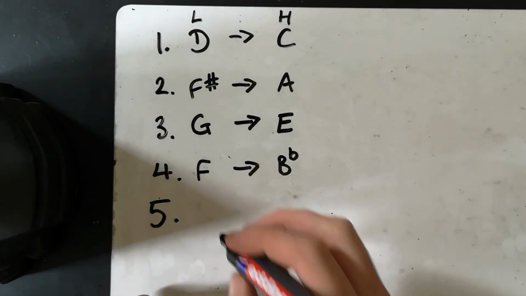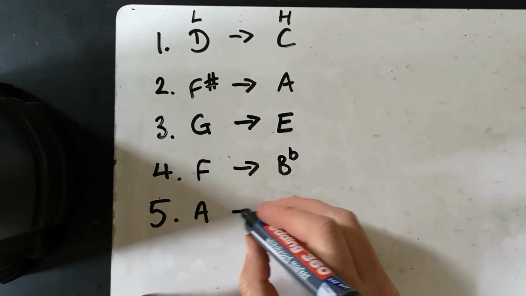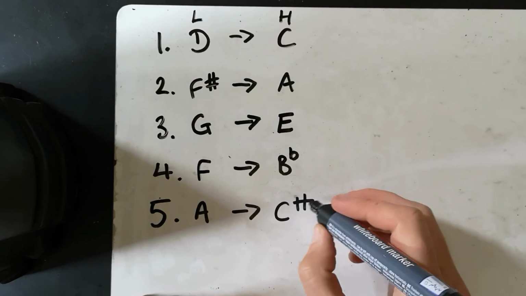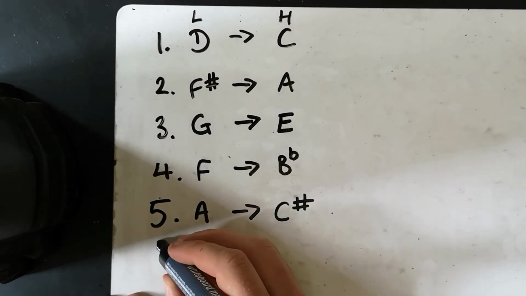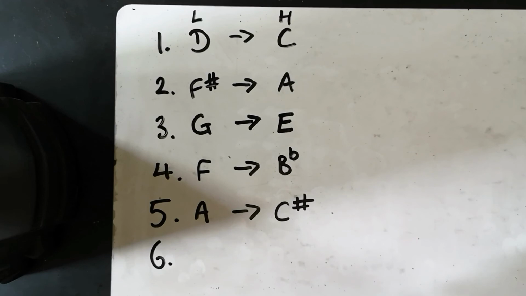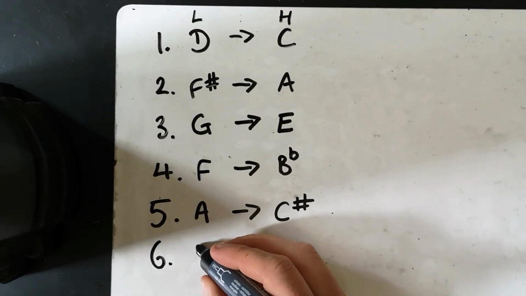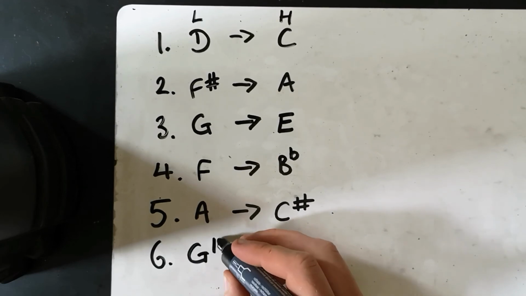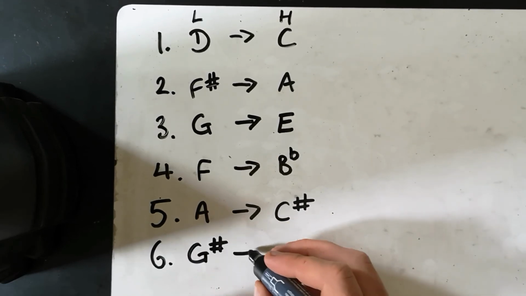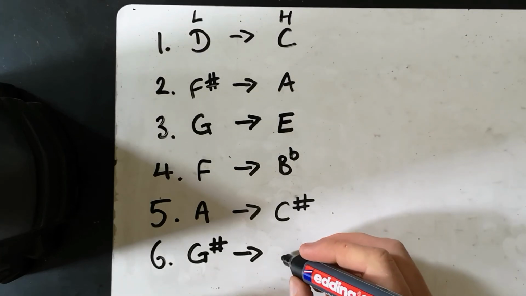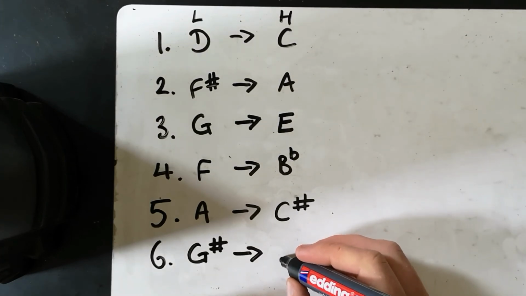Let's do a fifth one, C sharp. Let's do a sixth one. What haven't I done yet? Let's do G sharp to, let's go with F.